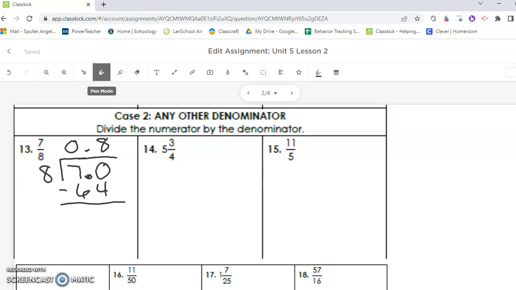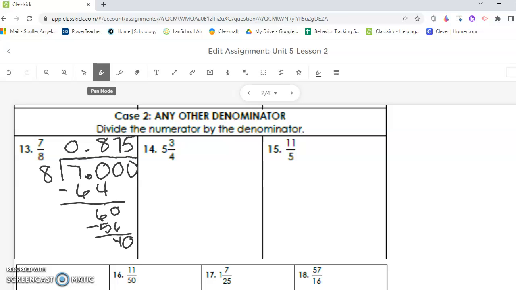That gets me 6. Let me put another 0 down. 8 goes into 60 7 times, right? It gives me 56, subtracted 4. Another 0. 8 goes into 40 5 times. So 7/8 is equal to 0.875 or 875 thousandths.